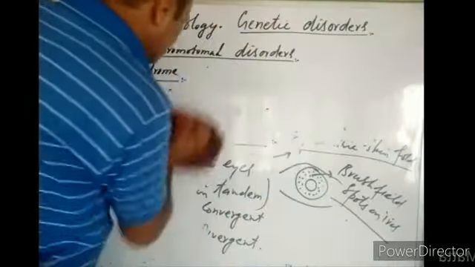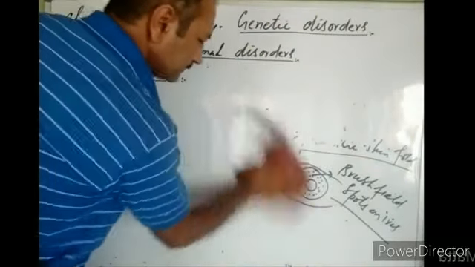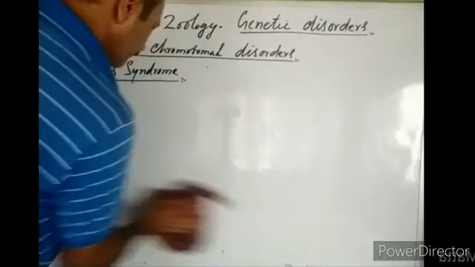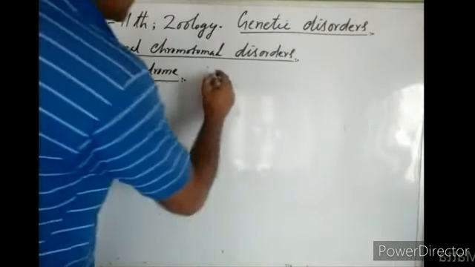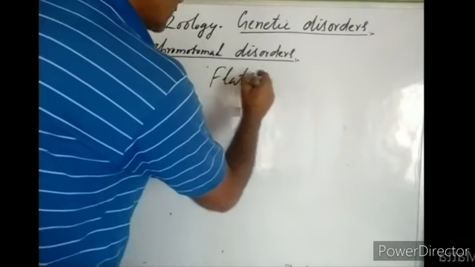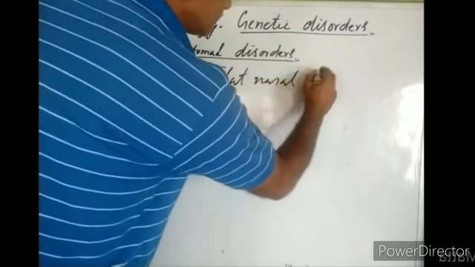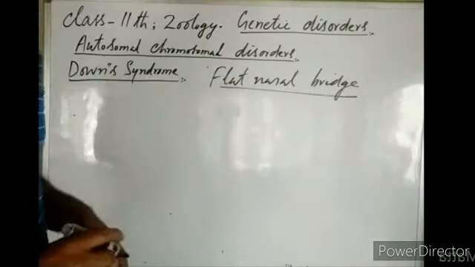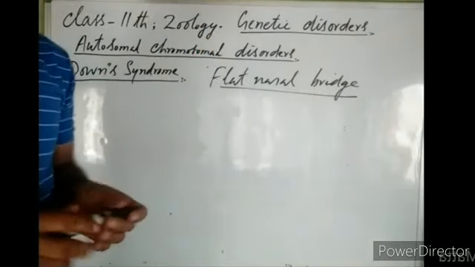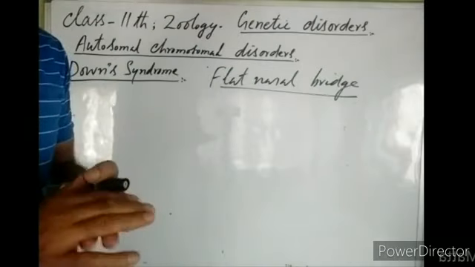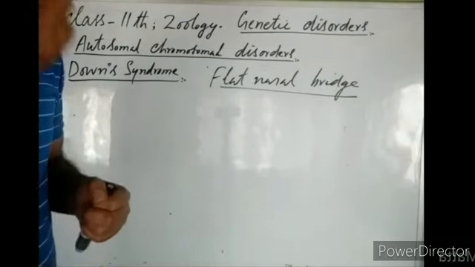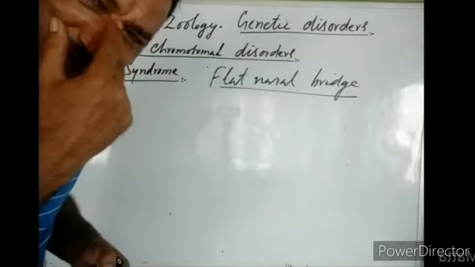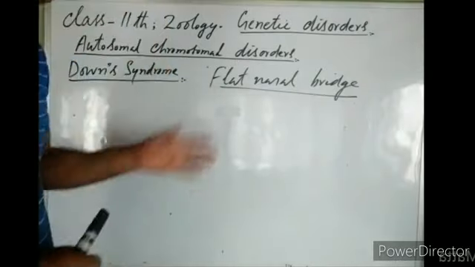The nose seems to be small and flattened. Only the nostrils are prominent. The nasal bridge is not raised. It is flat, right?